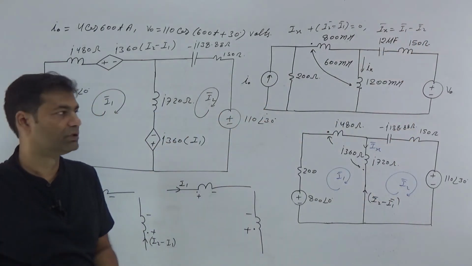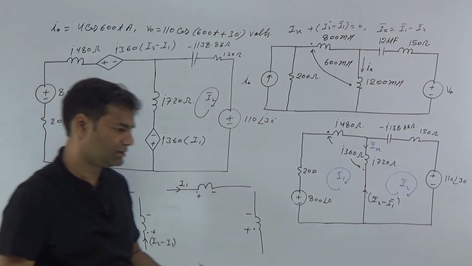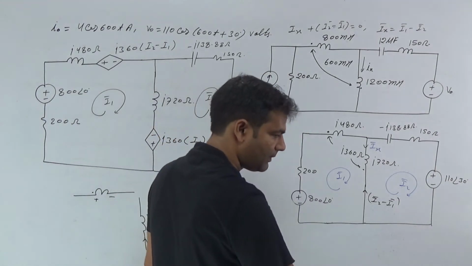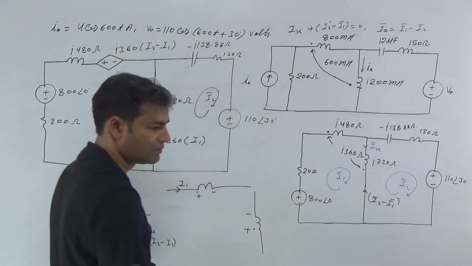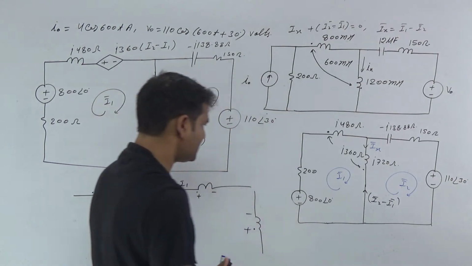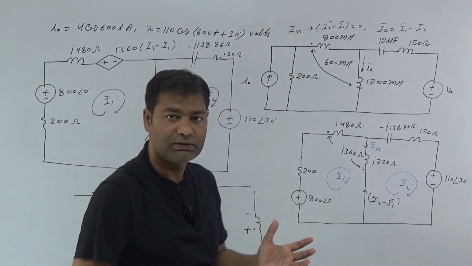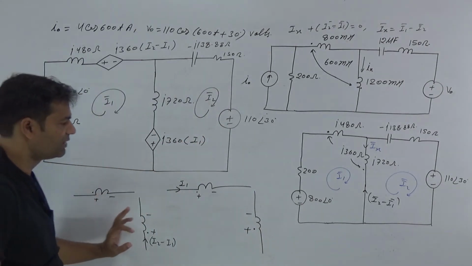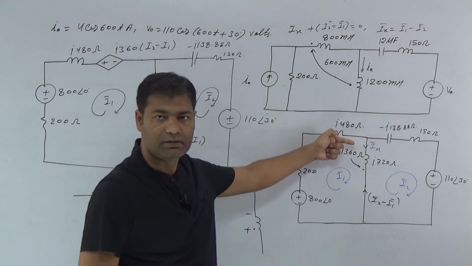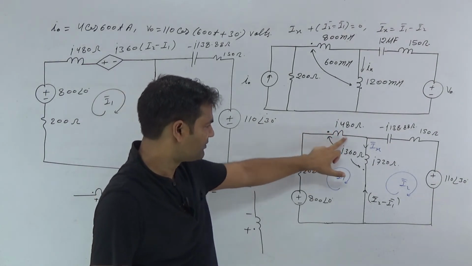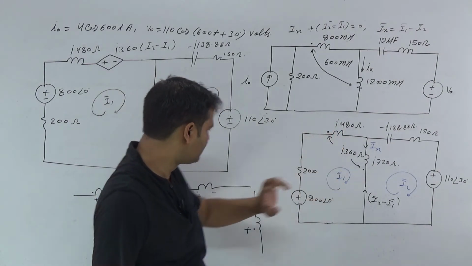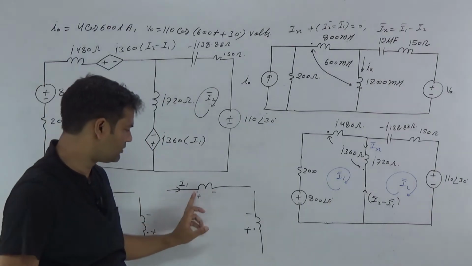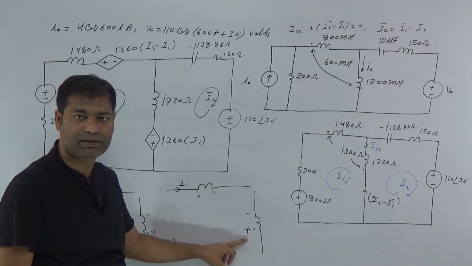Basically our motto is to determine Ix. Clear? Now apply KVL. Again we check here. If any doubt, then that is dot corresponding to current flowing here. Okay, if I1 is flowing here plus to minus, then what about this dot, same plus, and here minus.